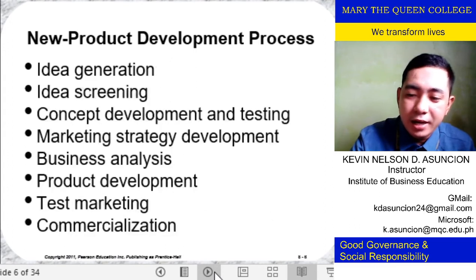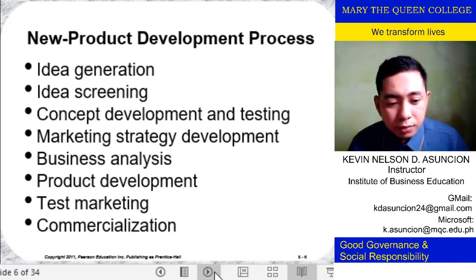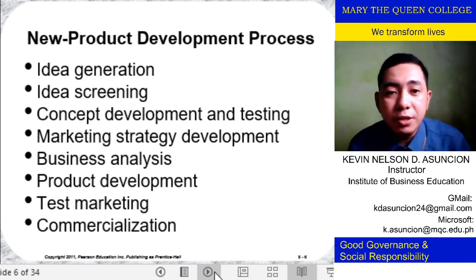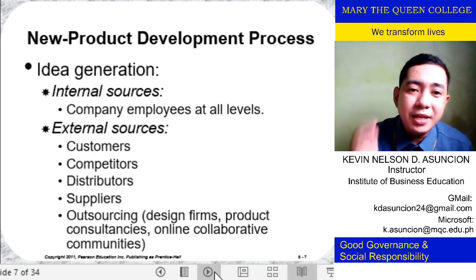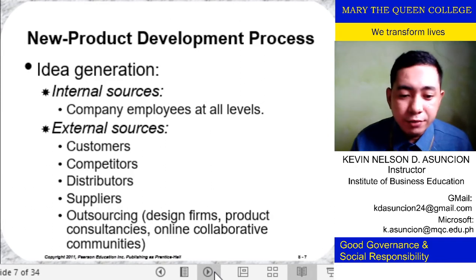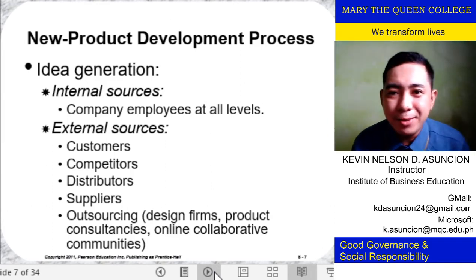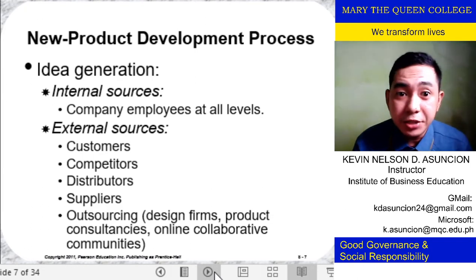So let's talk about how we can launch new products. So ganito po yan. Now, let's start with the idea generation. Of course, we have discussed that in the past, that we are scanning the environment and we make segmentation and differentiation strategies.